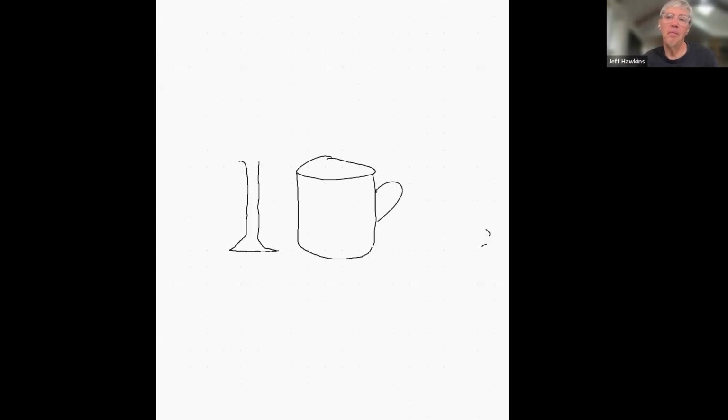Well, no, we don't. But we also don't know that this happens in abstract spaces. I don't know what the equivalent of flash inference is for abstract spaces. So it may be something that happens primarily in touch and vision.